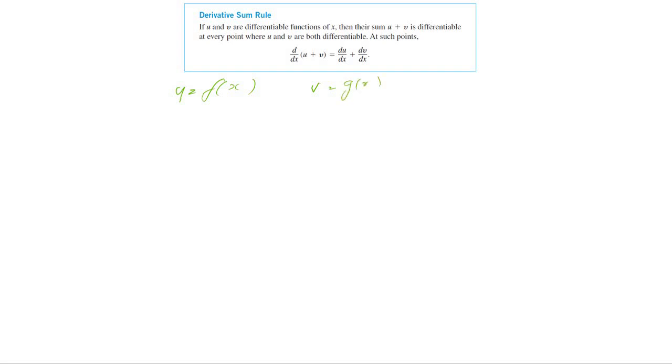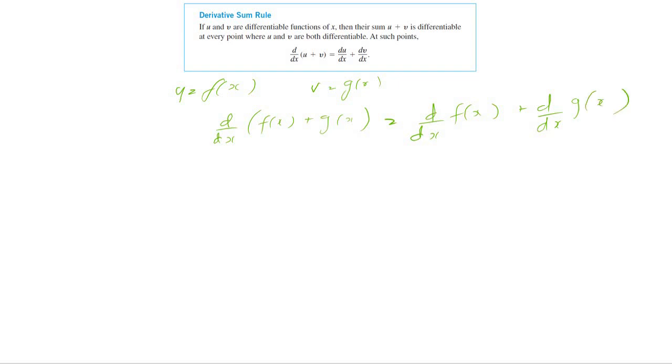Then the derivative of f(x) plus g(x) is equal to the derivative of f(x) plus the derivative of g(x).